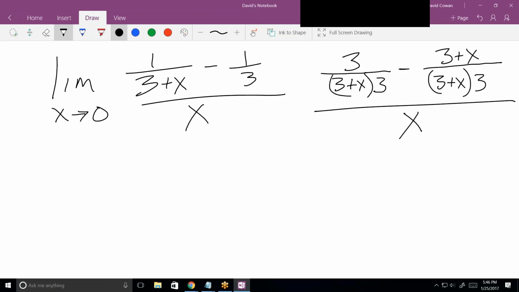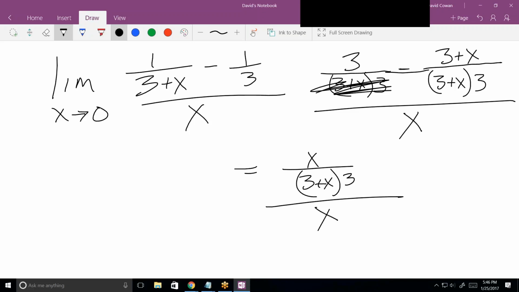Now I can operate on the numerator like that. And the 3's cancel, and I'm left with x over 3 plus x times 3, all over x. Now what do I have to do? Multiply by the reciprocal of the bottom x.